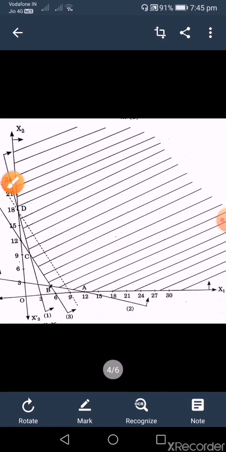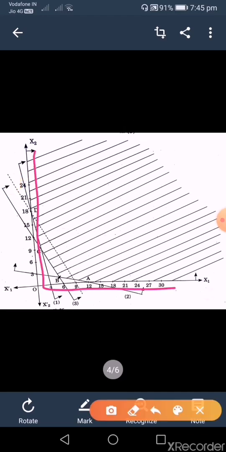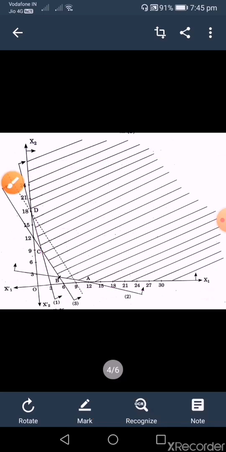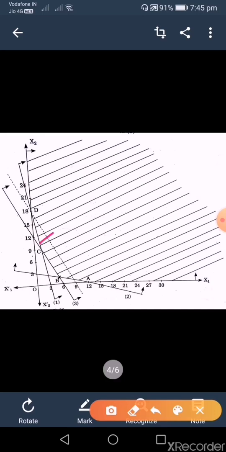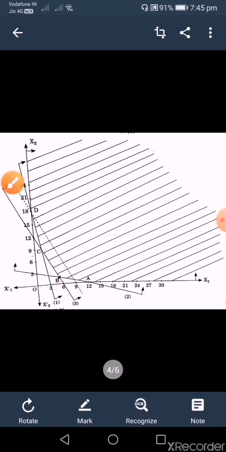So considering all the constraints along with x1 greater than equal to 0, x2 greater than equal to 0, this is the portion which we say feasible region. This is also unbounded, you see no boundary is there, so here also the feasible region is unbounded.